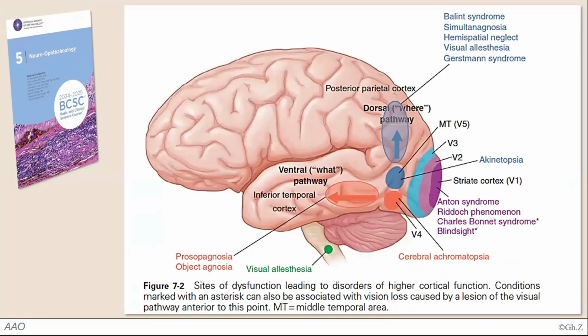For example, in Anton syndrome, the site of lesion is here, okay? It's actually in the occipital cortex, V1, primary visual cortex. Something like object agnosia and prosopagnosia are related to the occipitotemporal, inferior temporal cortex. So I think Balint syndrome is also written in Kanski, so you can read about this from the American Academy.